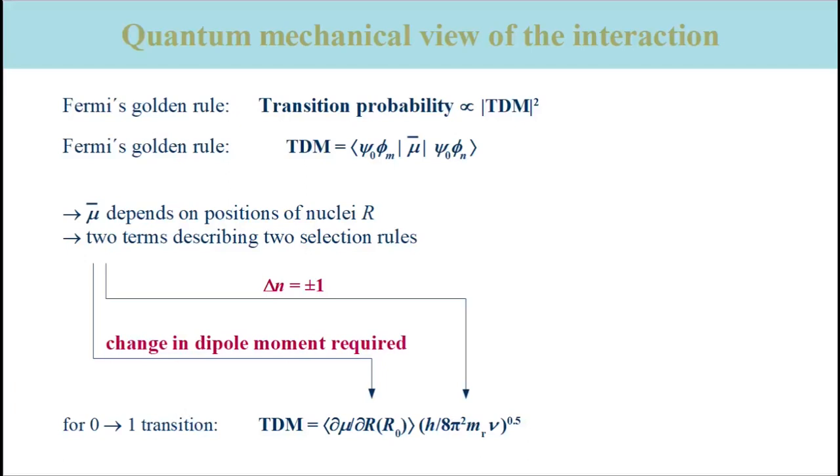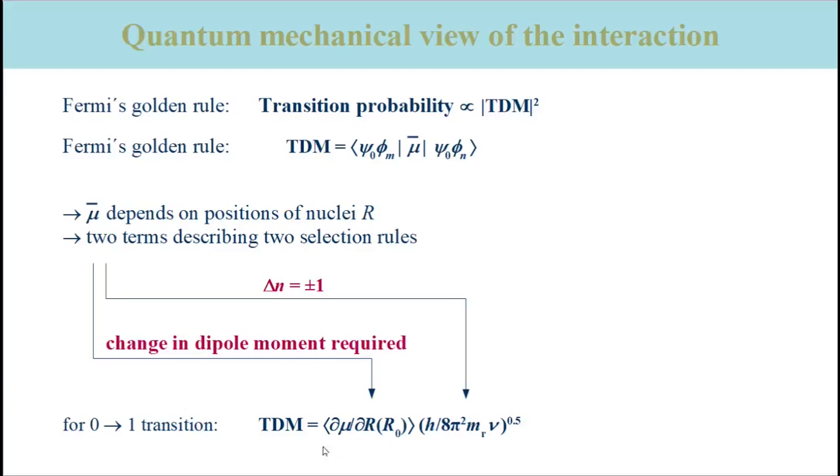It is a factor that depends on the reduced mass of the oscillator here and its frequency here. It has different values for different vibrational transitions. In particular, it is 0 when delta n is different from plus minus 1. Therefore, it is responsible for the selection rule delta n equals plus minus 1, as mentioned before.